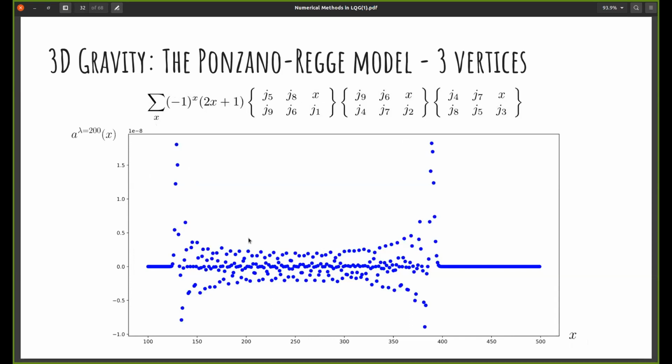But from this picture, it's not very clear what's the dominating contribution. One would be tempted to say, oh, look, there's two spikes. That's clearly what's dominating the sum. That's wrong. These are not the points that are dominating, because if you look at the sum, these points are basically canceled by these other points.